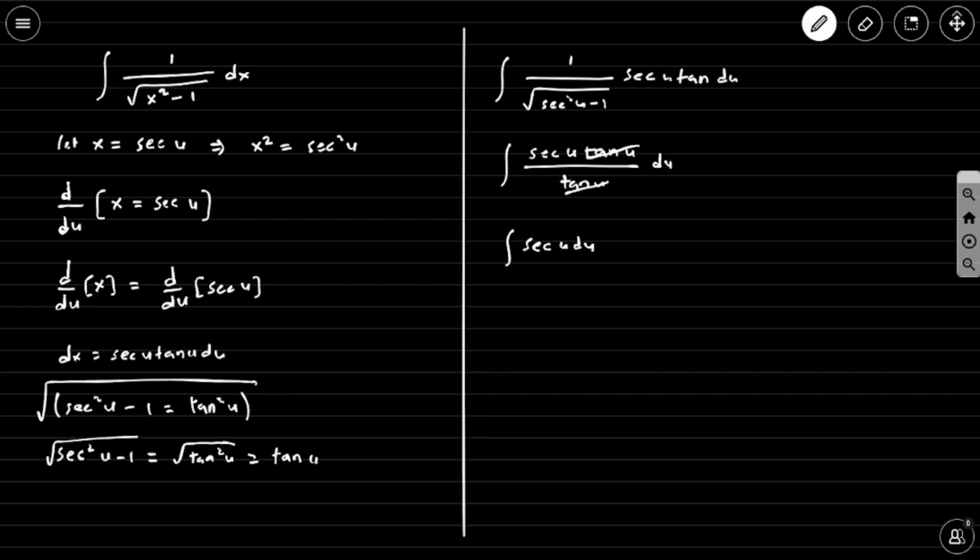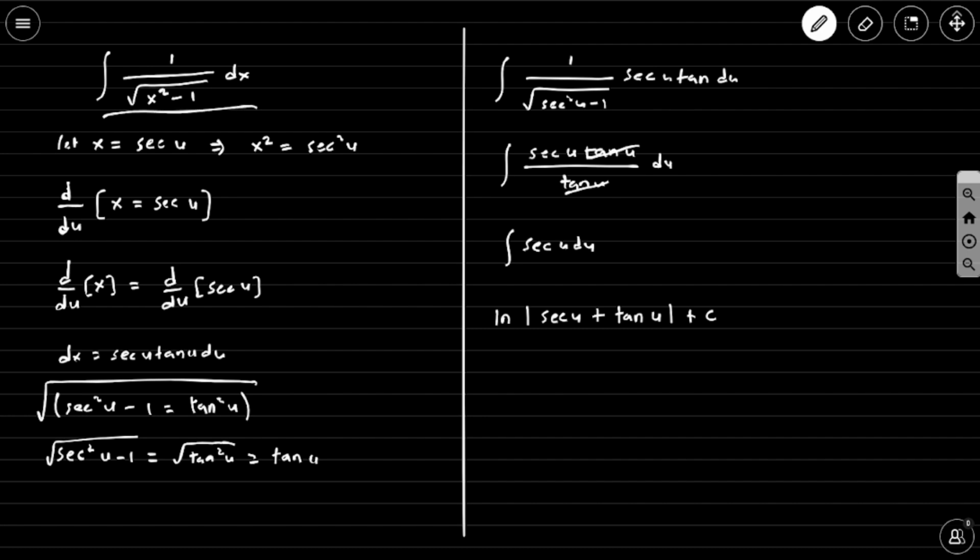Now we know the integration of secant u is ln absolute value of secant u plus tan u plus c. But we're not finished yet. Now we need to change the variable of our answer from variable u back to x, because we started with an integral in terms of x.